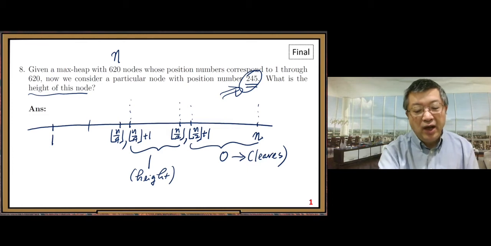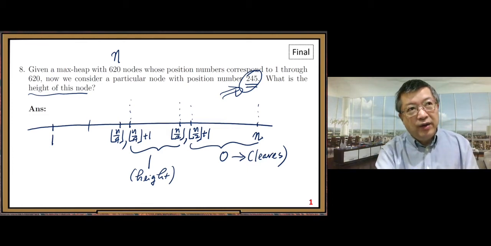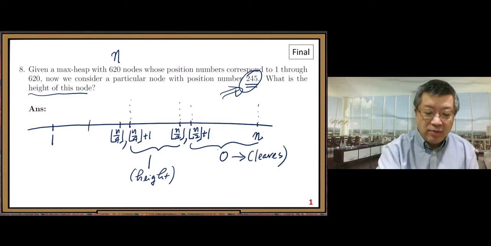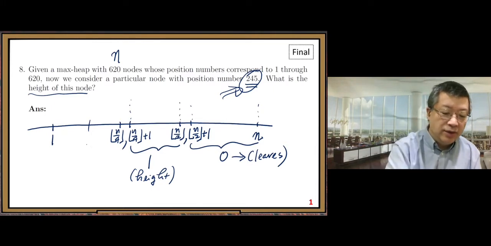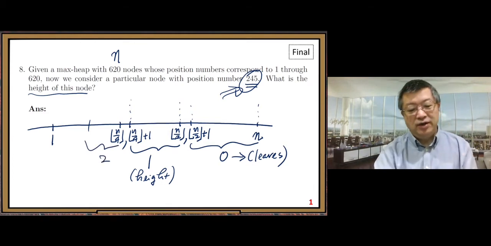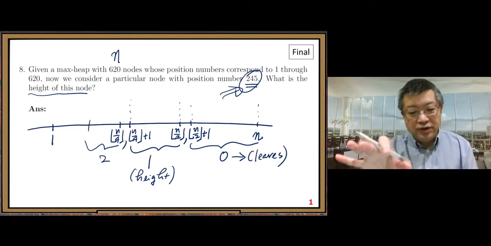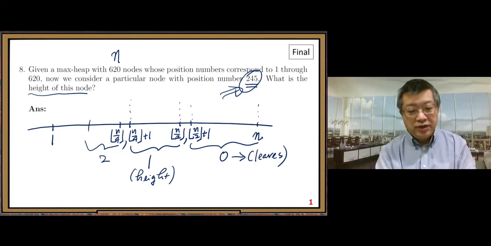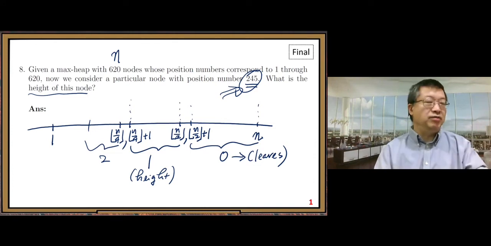Because we need to look at this element is located in which segment? Segment 0, segment 1, segment 2, and so on. So which one covers this position number? That's the meaning of this question, number 8.